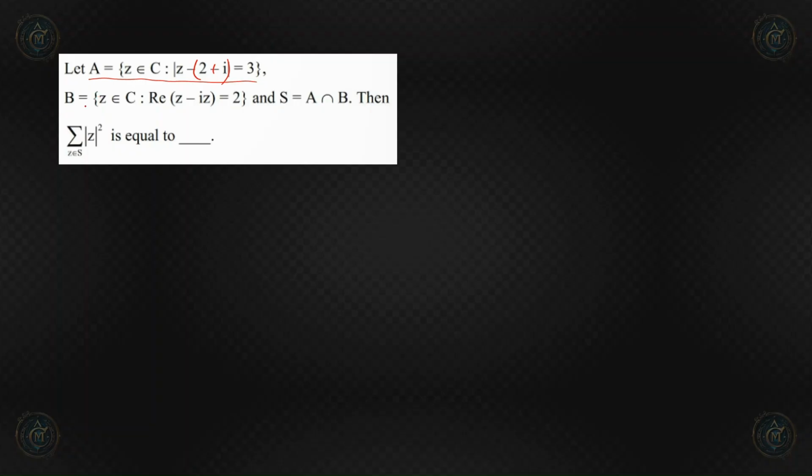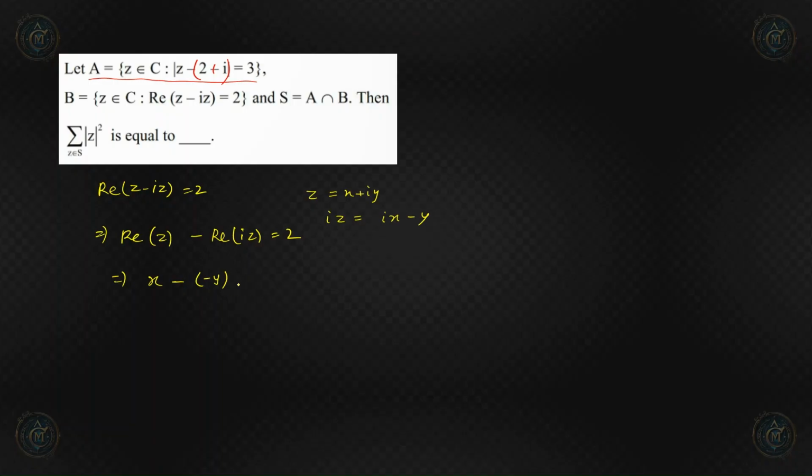And B is the set where real part of z minus iota z equal to 2. That means real part of z minus real part of iota z equal to 2. Real part of z is x, and real part of iota z will be minus y, because z equal to x plus iota y, so iota z becomes iota x minus y.